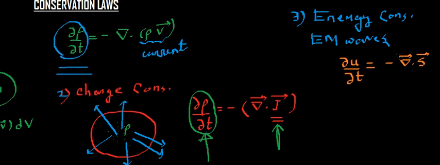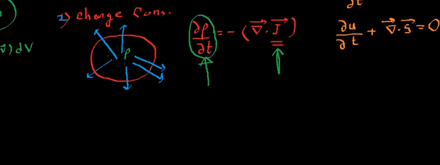So this is the conservation law that says that any decrease in energy in a particular region is happening due to a flow of energy, and the flow of energy is described by the Poynting vector. This is the conservation law in EM waves. So now I think you are very clear on what conservation laws are trying to say.